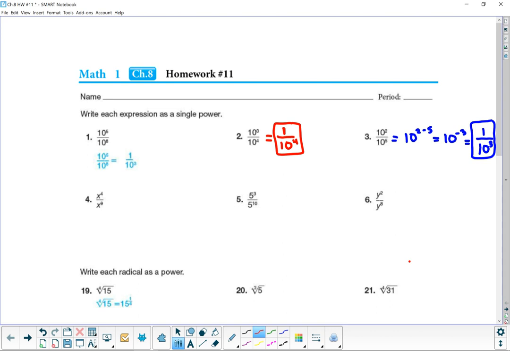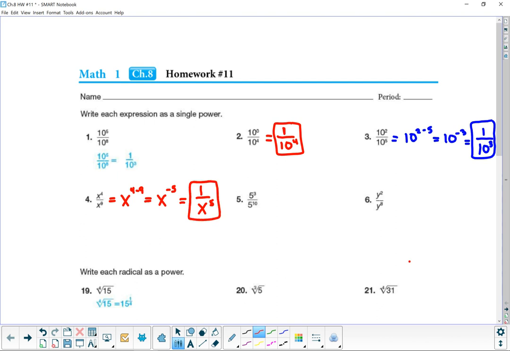This one, x to the 4th over x to the 9, is going to be x to the 4 minus 9, which is going to equal x to the negative 5, which is going to equal 1 over x to the 5th. Because it's a negative exponent, we put it on the bottom.